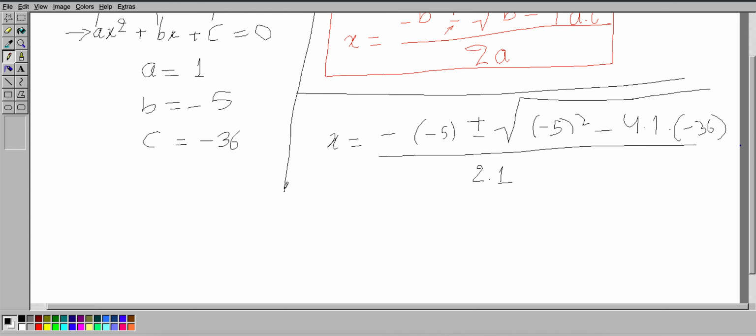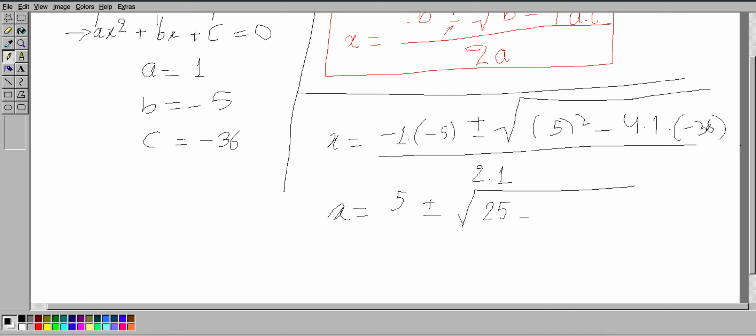Let's see, x is equal to minus times minus is positive, so -1 times -5 is 5, plus minus the root of 25, because -5 squared is 25.